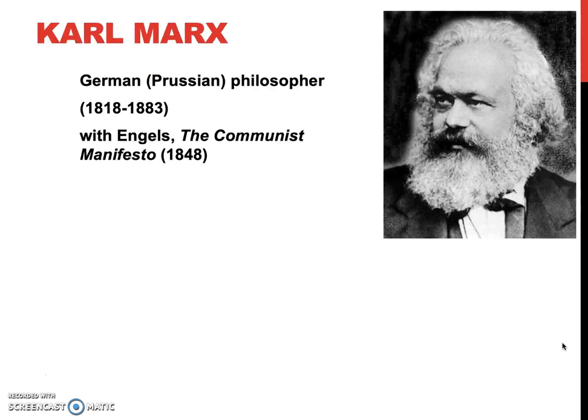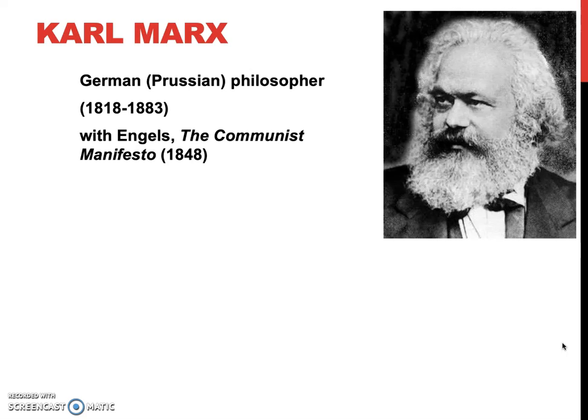I want to talk about social theory as it affects the topic of social inequality. Karl Marx was one of the first big social theorists who got sociologists, anthropologists, and others talking about social inequality. As you may know, Marx was a German, or when he was born it was called Prussian, philosopher who lived over the course of the 19th century and is probably best known for his work with Friedrich Engels entitled The Communist Manifesto.